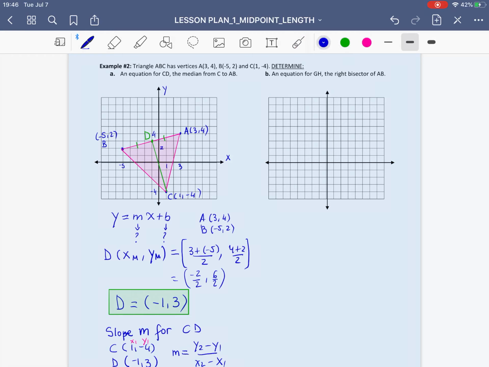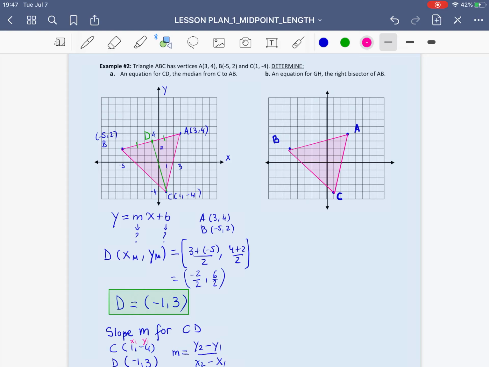Here I got the point C, (1, -4), the point A, (3, 4), and the point B, (-5, 2). And I will connect all the 3 points. Here we go again, that same triangle.